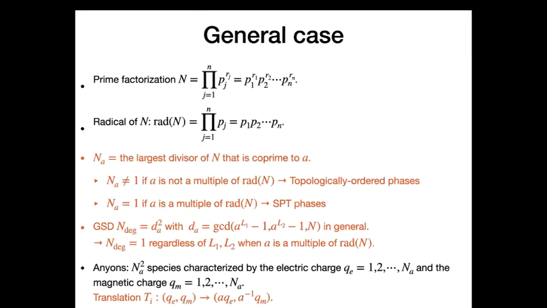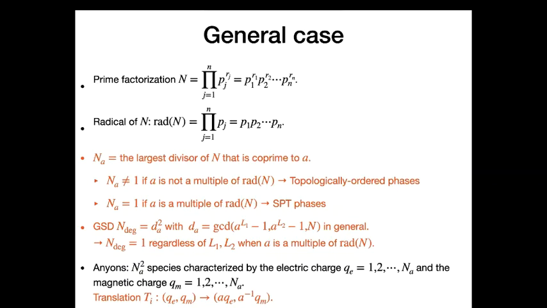I don't have time to explain the derivation of this result. The ground state degeneracy is given by, I skipped this part in the introduction, but anyway, given system sizes L1 and L2, and given the integers n and a, I have a formula. The ground state degeneracy is given by this formula, and I have this species of anyons, and Na is defined this way.